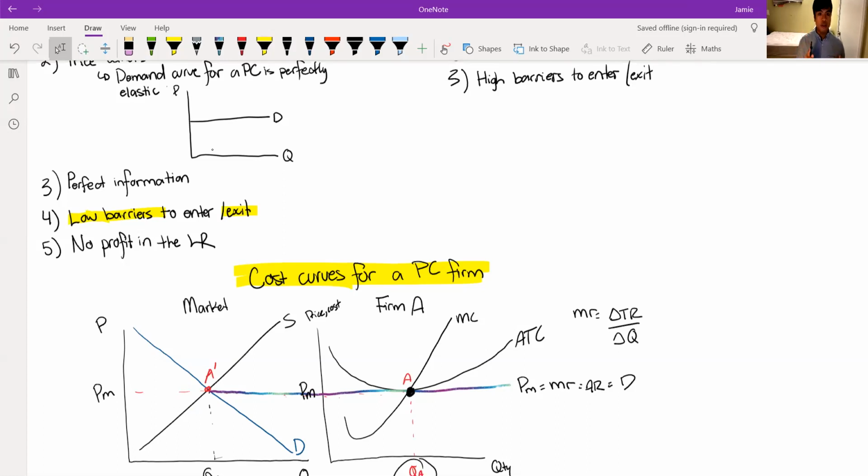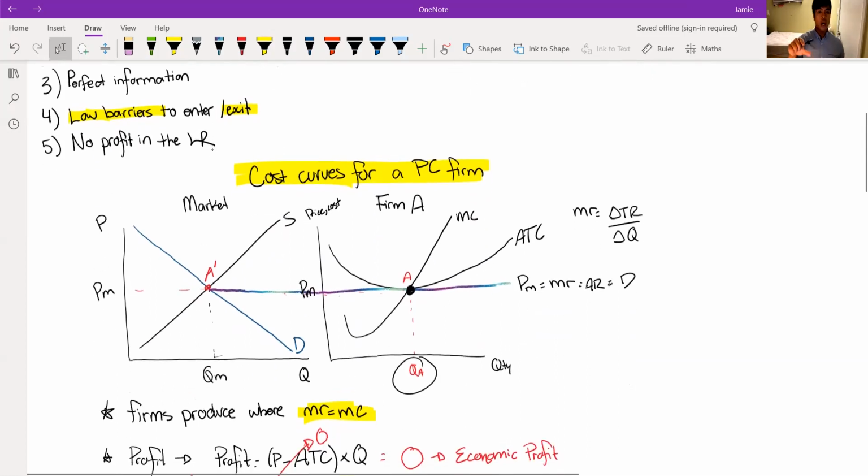Also, there's no profit in the long run, because if there's any profit to be made in the short run, other firms will enter, which will drive up supply, which will decrease prices. And because firms are price takers, those lower prices will result in lower profits, up until the new market price is equal to the average total cost of production for all those firms in that industry.